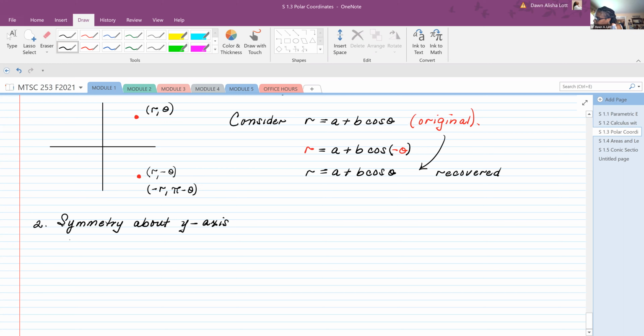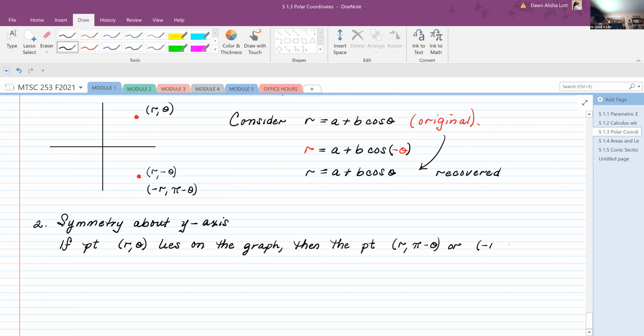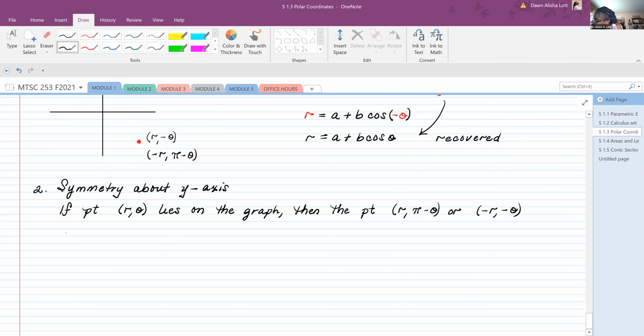So if the point r theta lies on the graph, then the point r pi minus theta, or minus r minus theta, also lies on the graph.